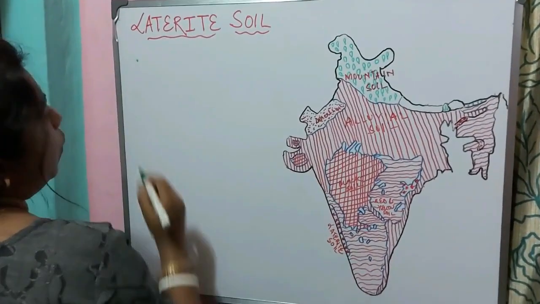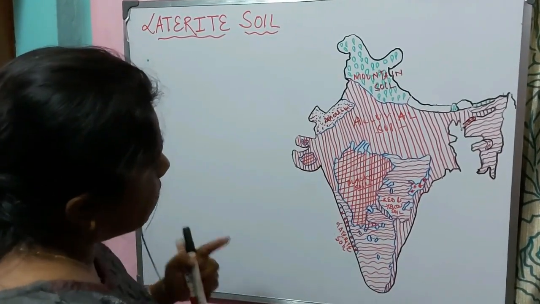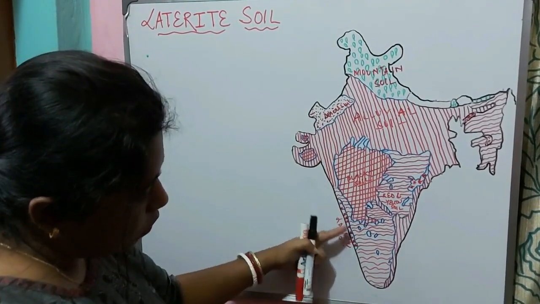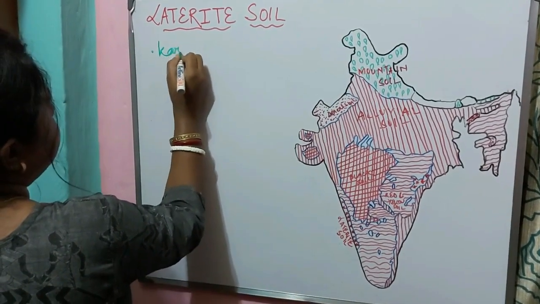Now let us see the other features. Which are the areas where we can find the laterite soil? Again, look at the map and tell me which are the areas where you can find the laterite soil. I can see this is a part where we can find laterite soil, right? So we can say Karnataka.